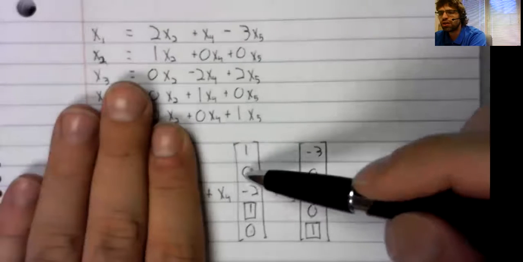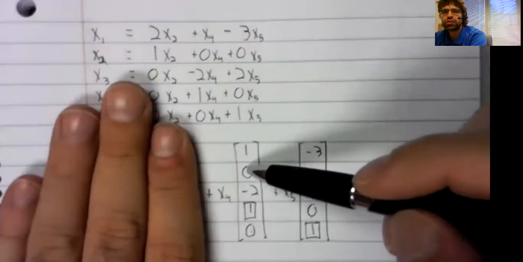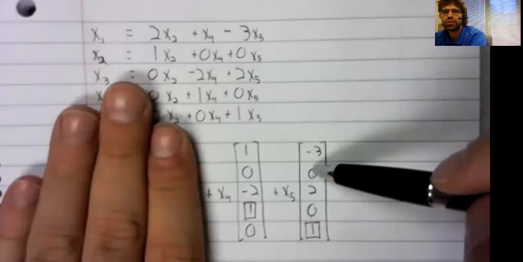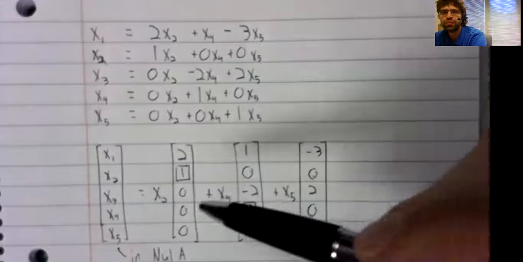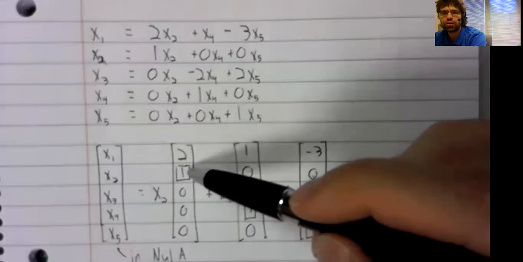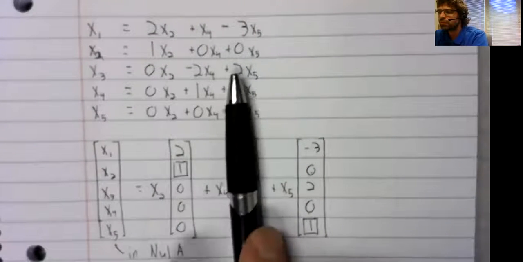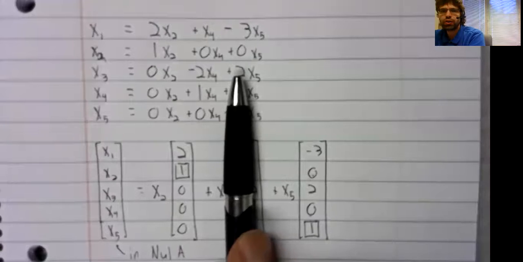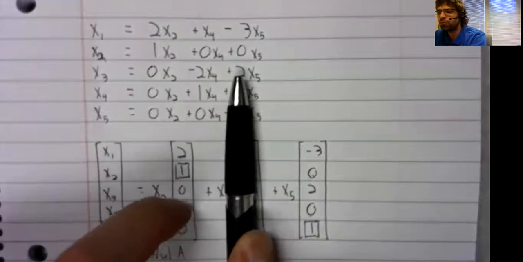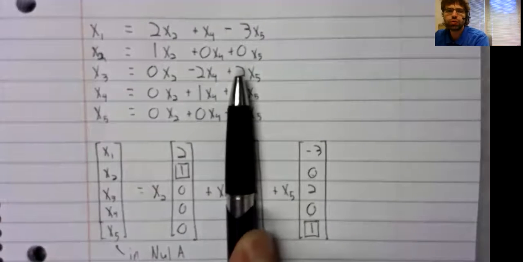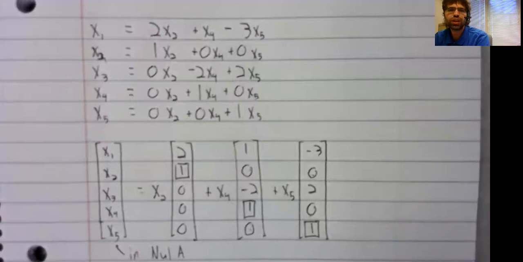Any linear combination of the other two vectors has a 0 in the second coordinate, so this isn't a linear combination of the others. Any linear combination of those two vectors has a 0 in the fourth coordinate, so that's not a linear combination of the others.